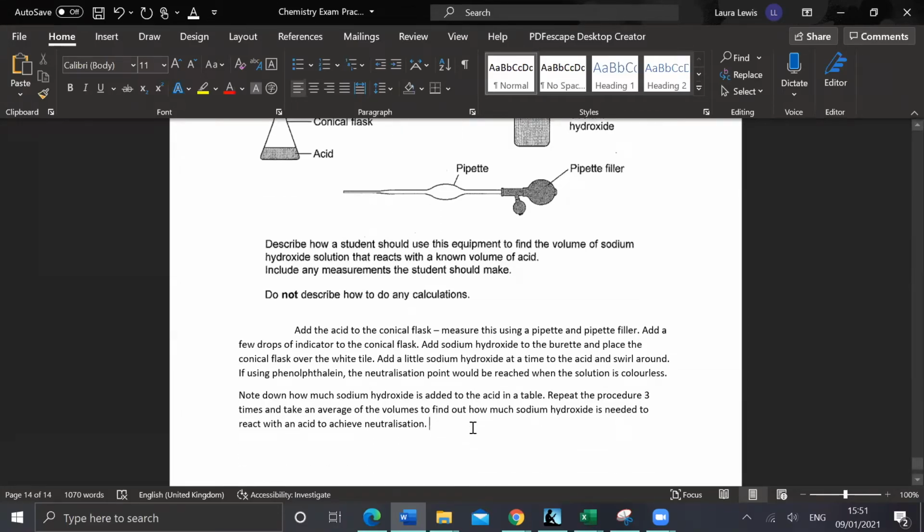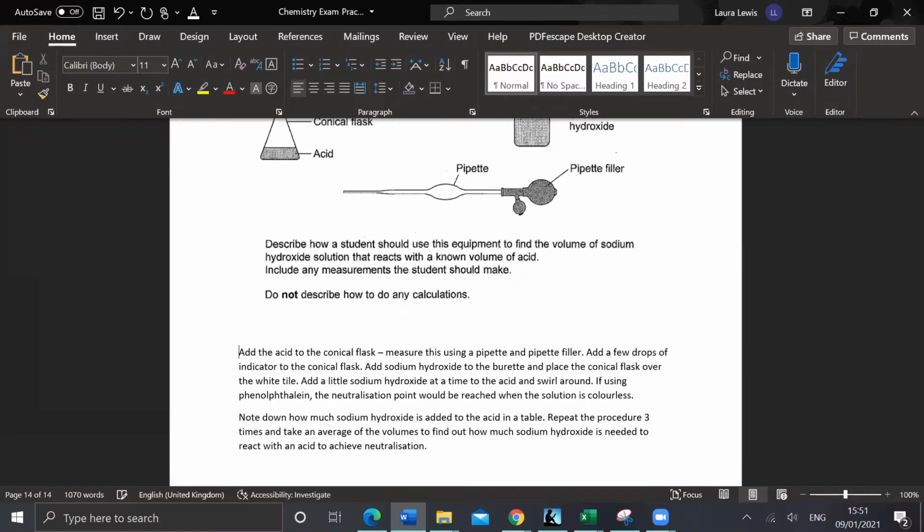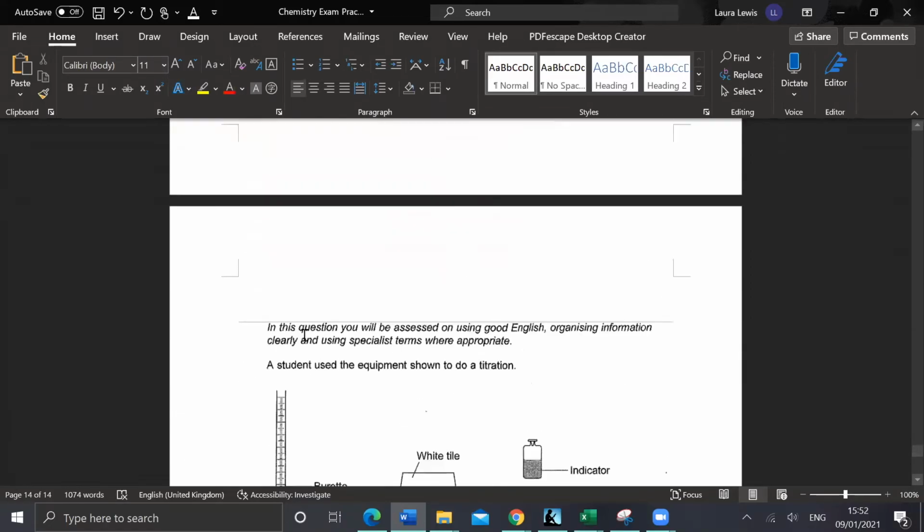So we've outlined that. This is also a titration. That's a keyword you need to know, titration and neutralization reaction. So that's answered both these things.